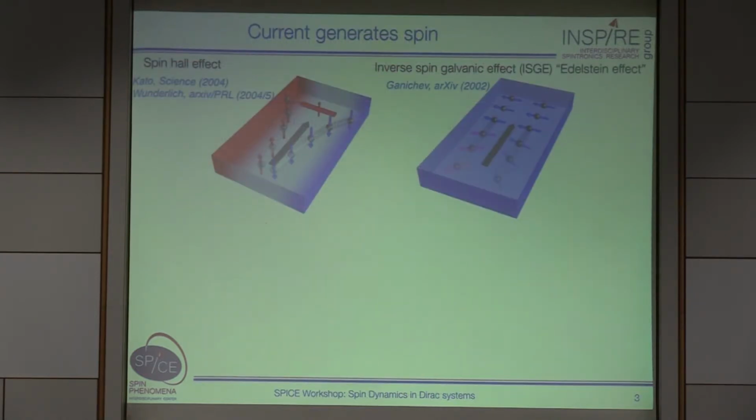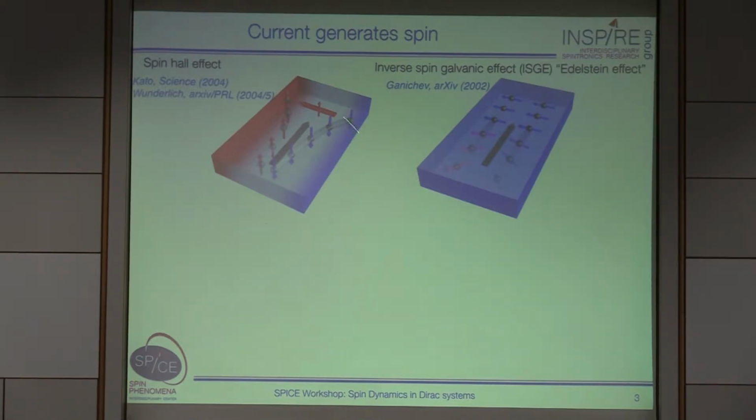So let me start with prominent Spintronics phenomena. Basically, in the last 2 decades, we have seen that in Spintronics, people started to be interested more in effects which are based on relativistic quantum mechanics instead of exchange coupling, like in giant magnetoresistance. And the most relevant for what I will be talking about are actually the spin Hall effect and the inverse spin galvanic effect.